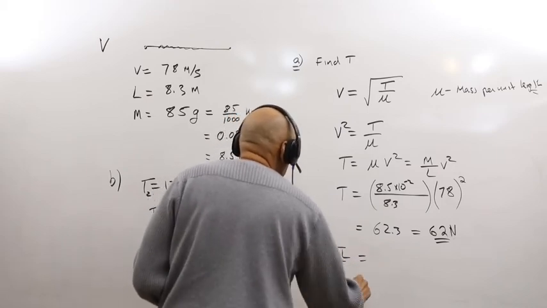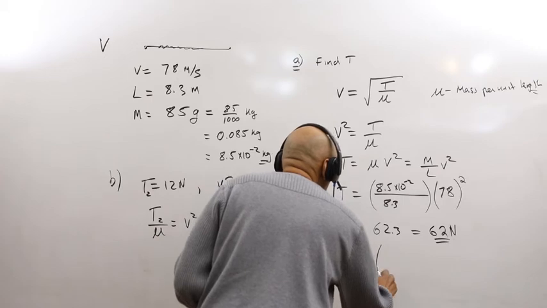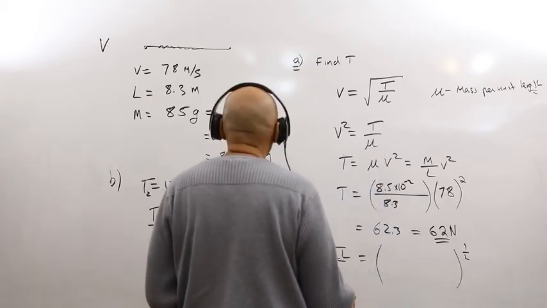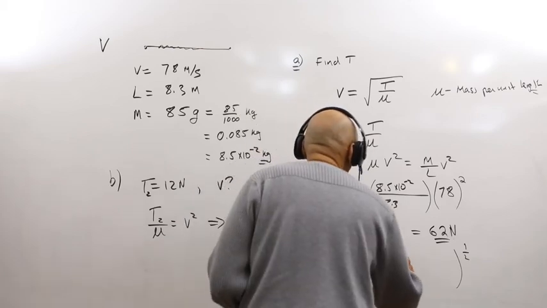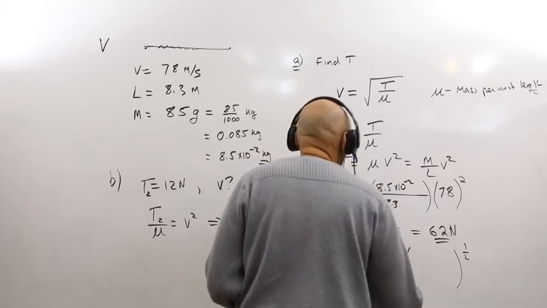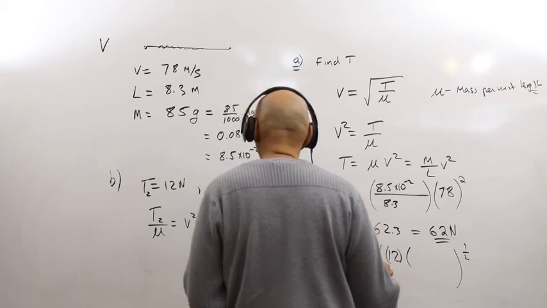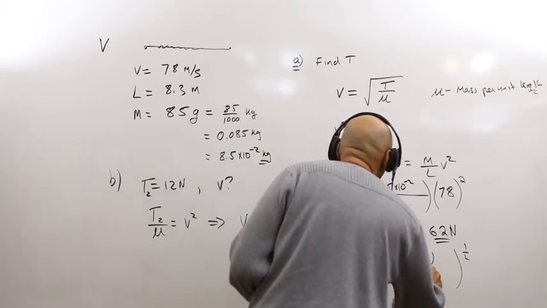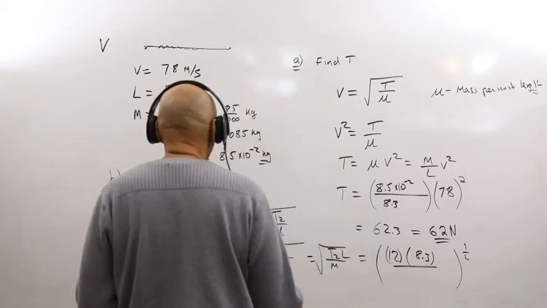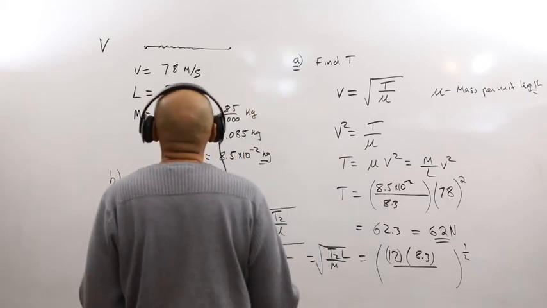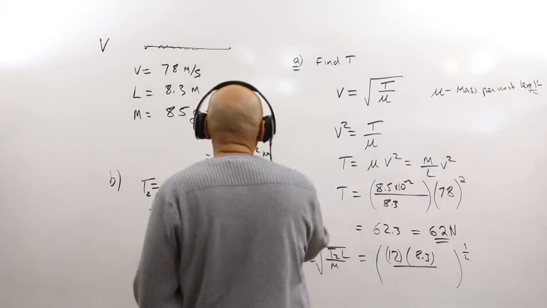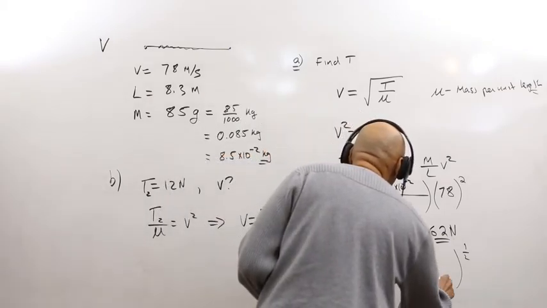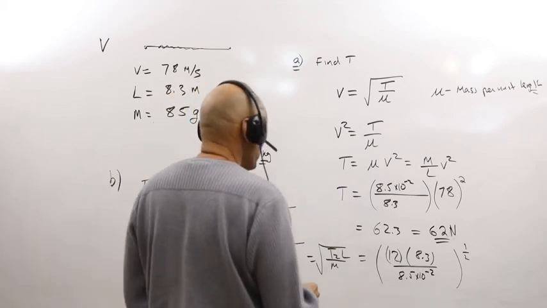And so finally I can just substitute everything in. I'll put a 1/2 for square root. The second tension is 12, and the length is 8.3 meters, divided by the mass, 8.5 times 10 to the minus 2 kilograms, standard units.